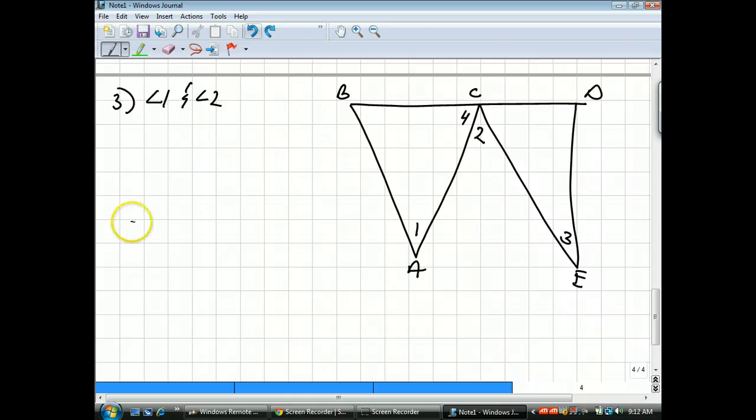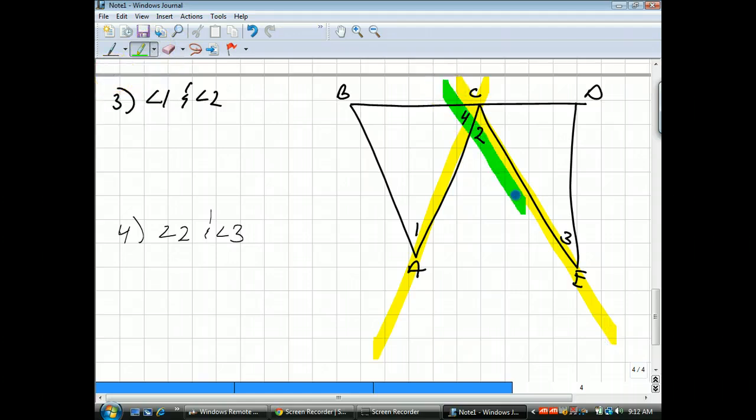Okay, so now let's look at number 4. What if I want angle 2 and angle 3? Okay, so again, identify what lines make up angle 2. So angle 2 is this one and this one. Angle 3 is this one and this one.